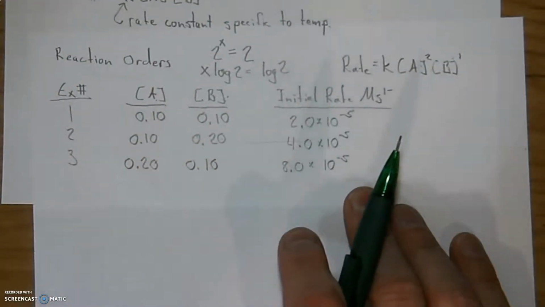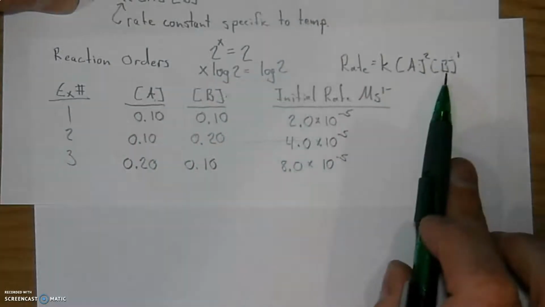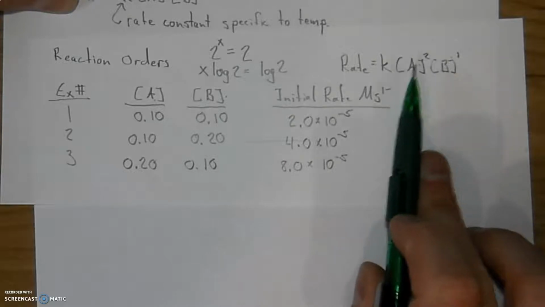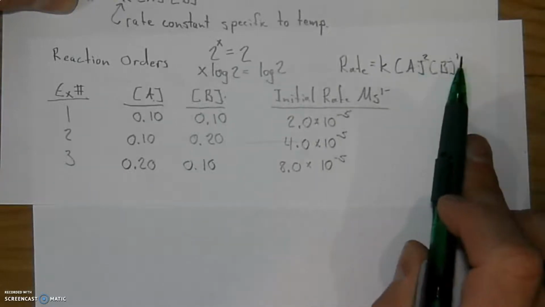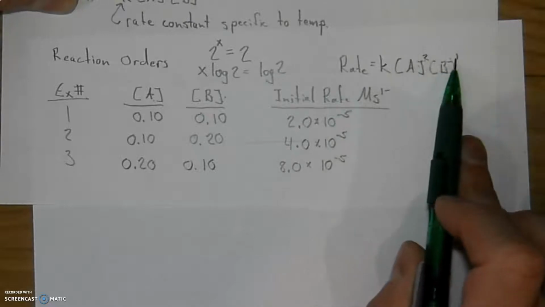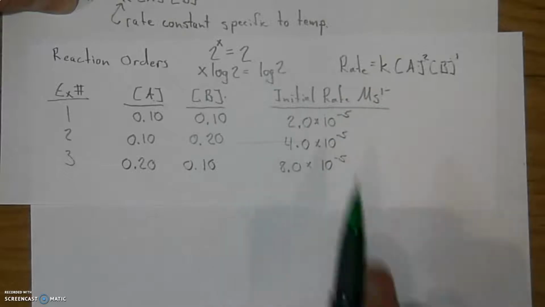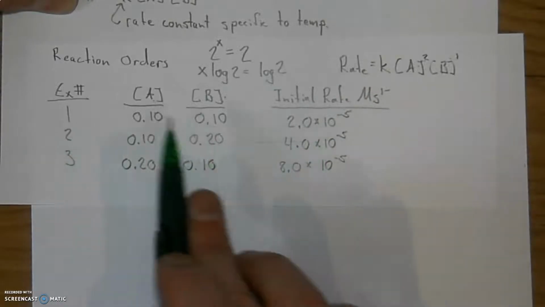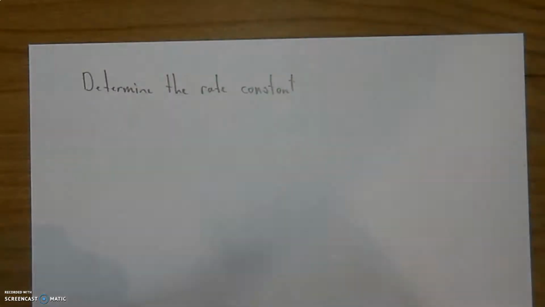So I'm going to take these three values and plug them into our equation right over here for A and B, with understanding that these are the rate orders, second order and first order, and I know what the rate is, so I'm going to use these as the rate. Then again, I'm going to use line 1 and plug these values into it. Here we go.